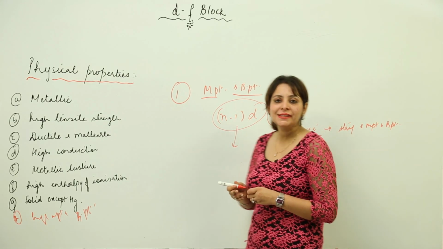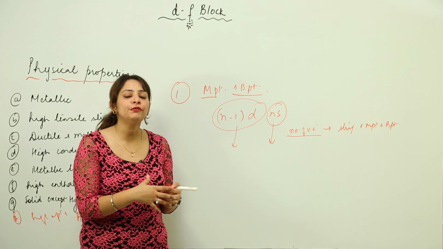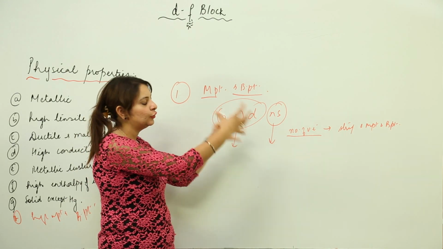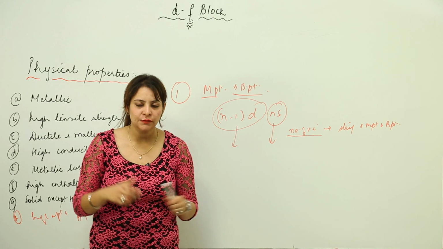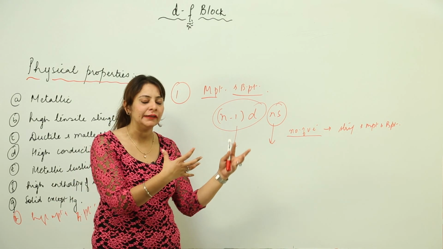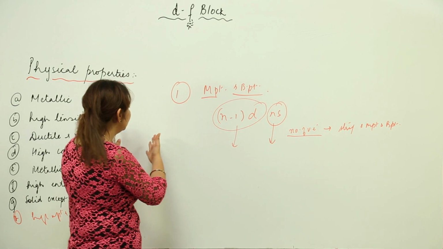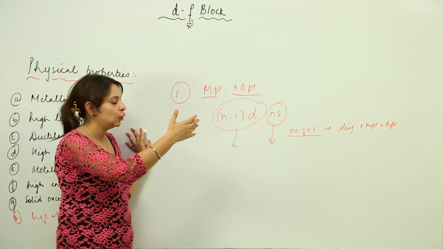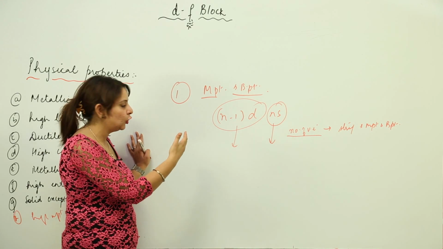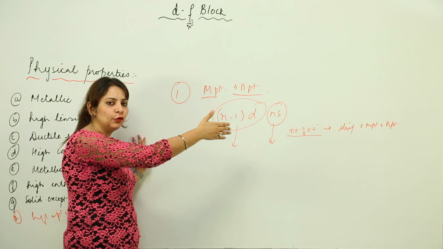But what we see when we move from left to right is that the filling of the d orbital takes place. I am talking about the period. When we started from here, there was 3d1, 4s2, but at the last there is d10, or you can say there is progressive filling of the 3d orbital, that is 3d2, 3d3, 3d4, like that.